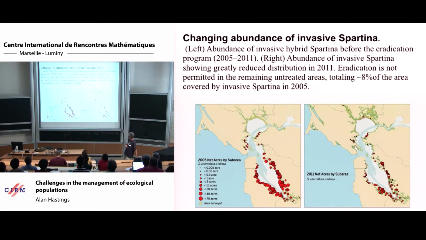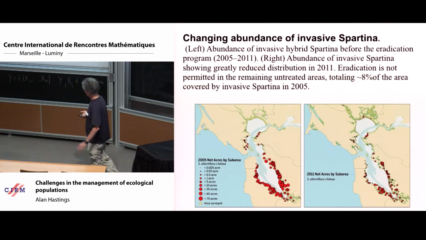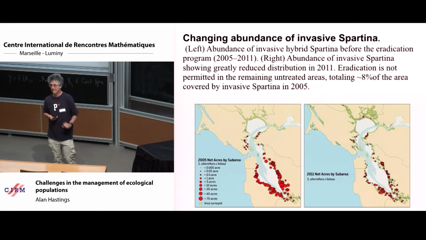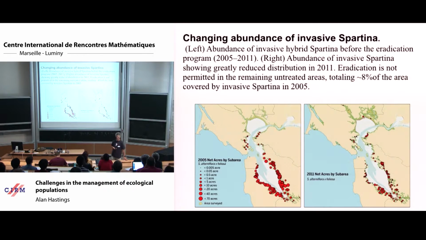Part of the reason for these dots, on your left, is what the map looked like in 2005, and the most recent data I had when I did this. This is a hybrid, alterniflora by foliosa. The map on the right is 2011, and it's different locations. The size of the dot is how much, and it's in acres, not hectares, how much invasive Spartina there was at that location.